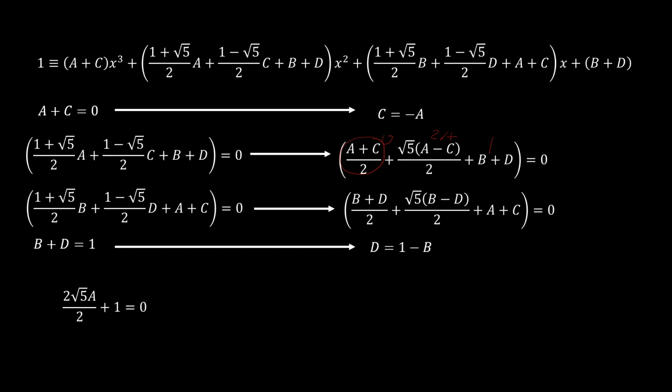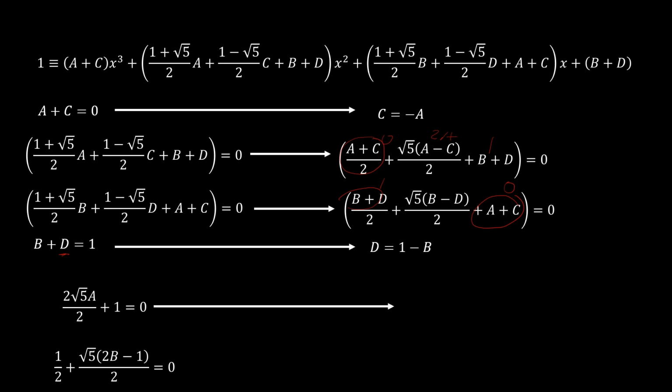Same thing here, since this is 1 coming from here, and a plus c is 0, this is 0. And then since d is 1 minus b, b minus (1 minus b) is the same as 2b minus 1. And so we have a half from here, 1 over 2 times (1 plus root 5 (2b minus 1) over 2). And since this is 0, that equals 0.